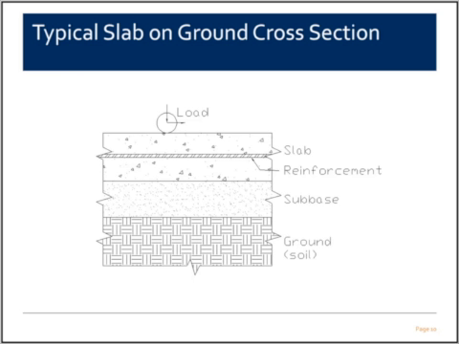These layers are generally non-cohesive, such as sand or gravel, and their thicknesses vary. And we have our typical load. Shown here is a moving load, but the load could also be static, as from, say, racks, or it could be uniformly distributed.